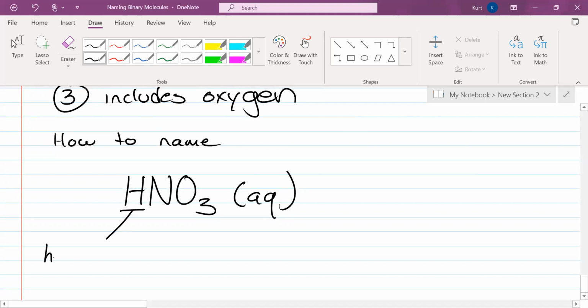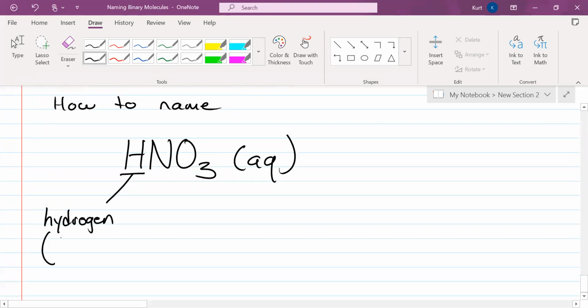That's hydrogen. Very good. So that's 1/2. Let me be clear about this. Hydrogen represents 1/2 of this entire acid. So what is the rest of it? What is left? What have I not underlined? NO3. And what is NO3? Nitrate. Very good. That is the other half.